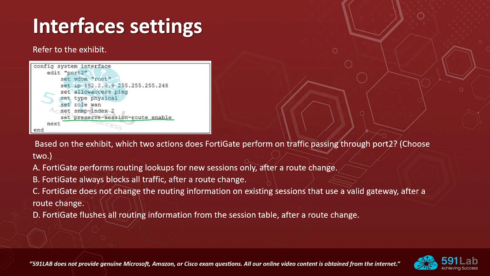For example, FortiGate performs routing lookup for new sessions only after a route change. So the old sessions will remain with the same routing information, but the new ones will use the change. That command is appropriate for voice. For me, this one is correct.